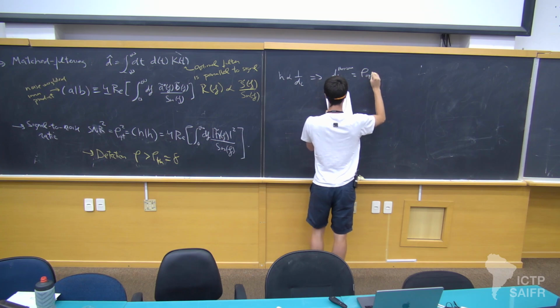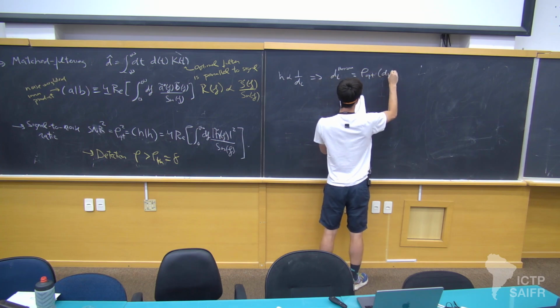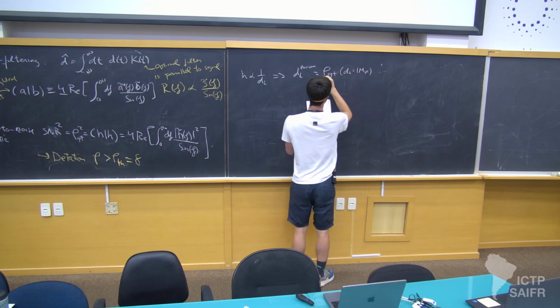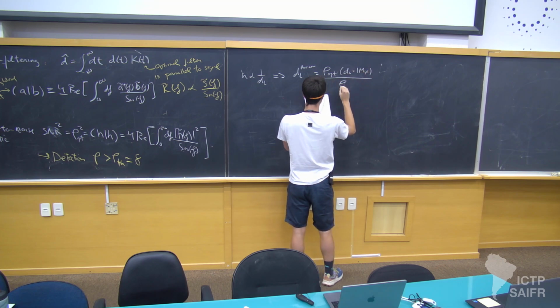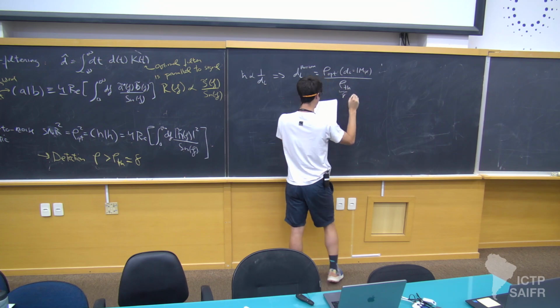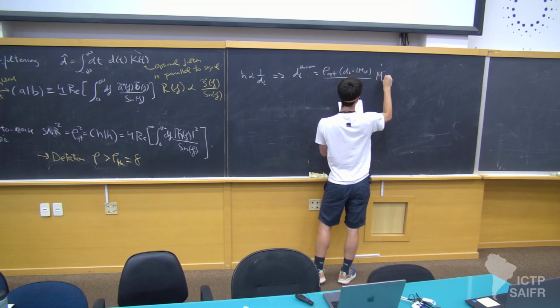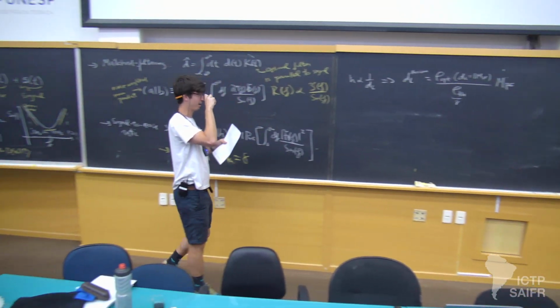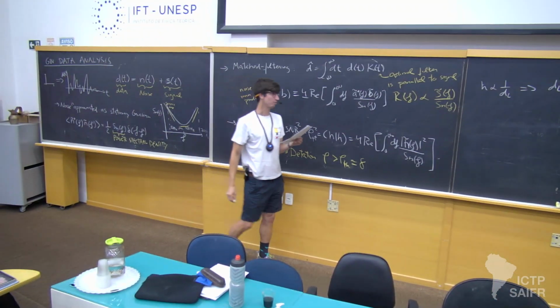If you compute the optimal signal to noise for a luminosity distance of 1 megaparsec, and you divide by your threshold, which is 8, then this will give you the distance in megaparsec for how far you can detect a gravitational wave.